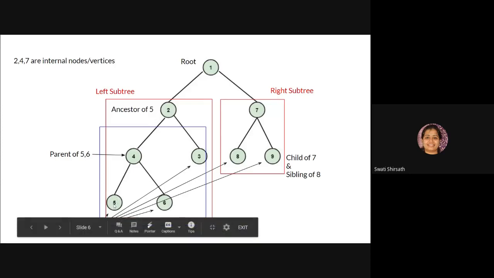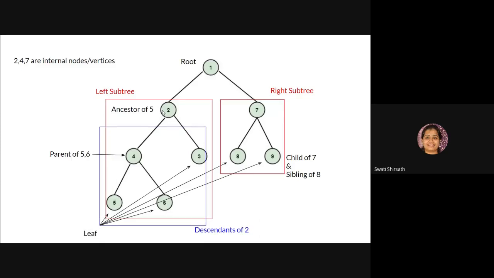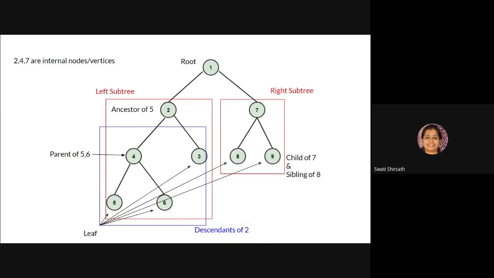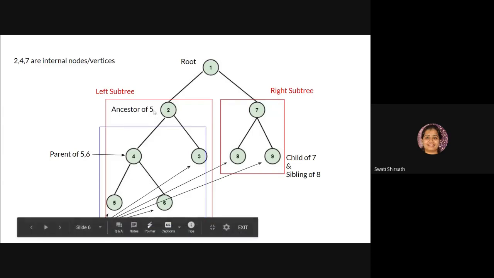If I draw a family tree over here, then you will come to know who is the ancestor of this person. So the same concept is applicable, just the nodes are represented in numbers, not in the kind of family members' names. So 2 is the ancestor of 5.